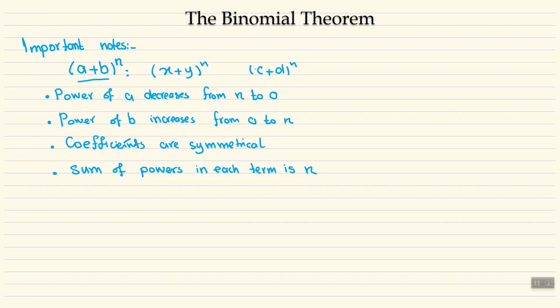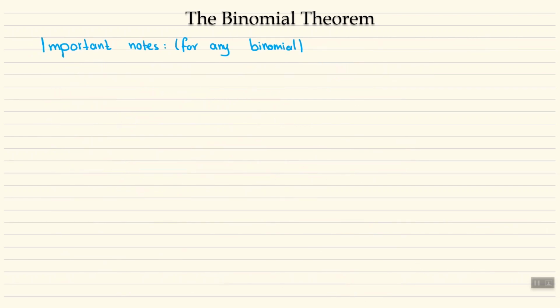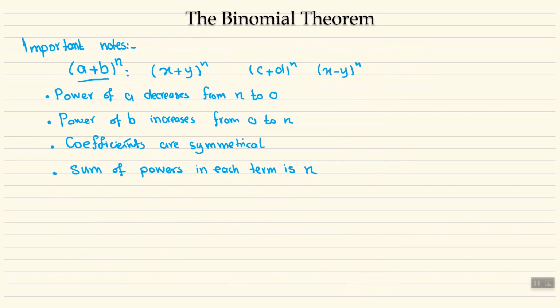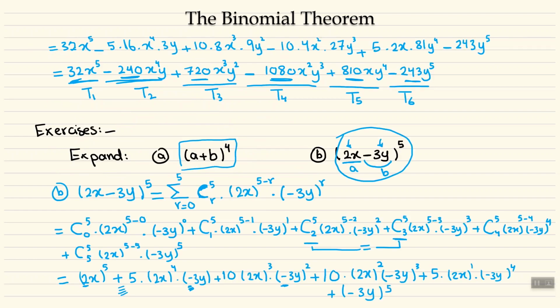The most important thing is that you don't have coefficients. There are no numbers, and it's plus or minus, doesn't matter. It can also be for (x - y) to the power of n. So those notes apply for any expression that looks like this. But the coming notes are for any binomial, whether it looks like this, or like these, or even if it has numbers or coefficients like this one. So it applies all the time.